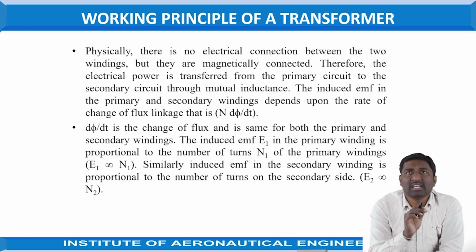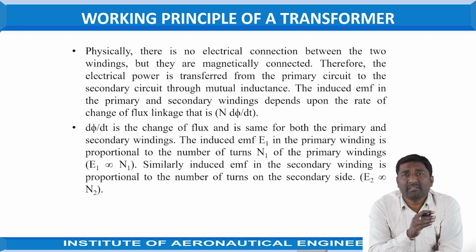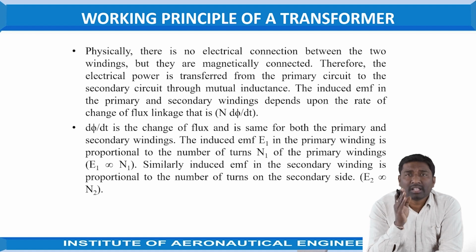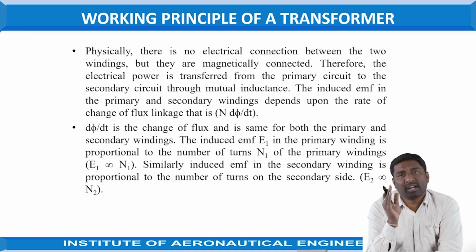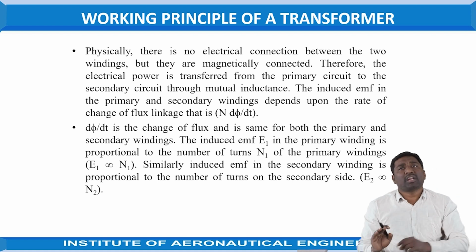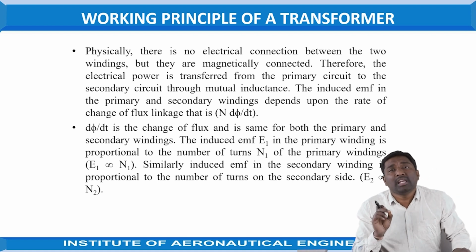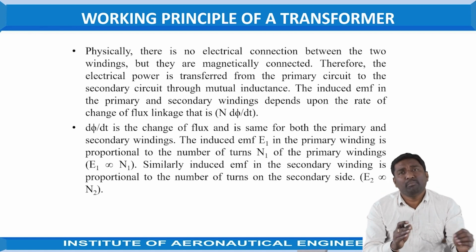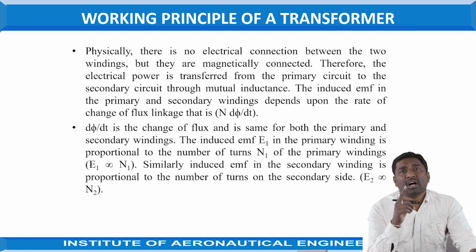Physically, there is no electrical connection between the primary winding and the secondary winding. That's why the primary winding and the secondary winding of the transformer are connected magnetically. That's why the transformer is magnetically coupled, and the power is transferred from the primary winding to the secondary winding.